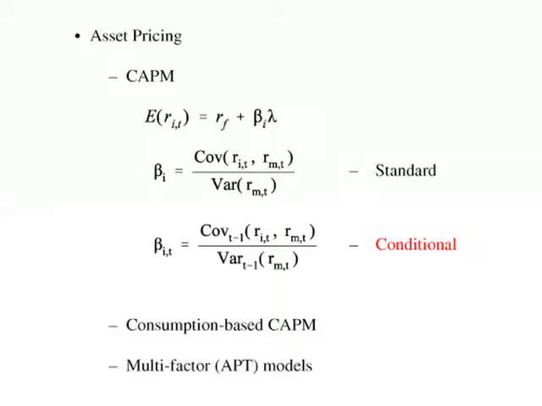Another example, as I said, very quickly: if you think about standard asset pricing arguments, maybe the simplest asset pricing model that most of you are familiar with would be the CAPM. In the CAPM, the expected return is proportional to the non-diversifiable risk of the asset, where the non-diversifiable risk, according to the CAPM, is measured by its beta, or its covariance with the aggregate market portfolio, scaled by the variance of the market portfolio.